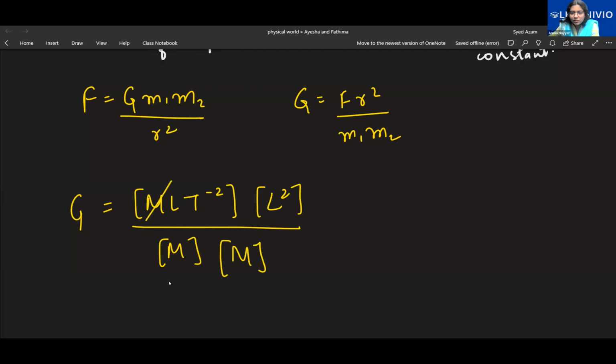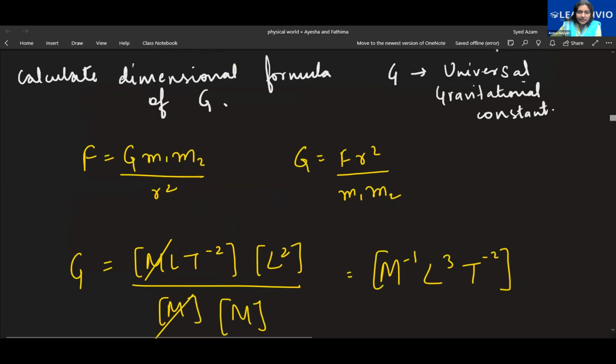One mass will be cancelled. Now when this mass goes up, everything should be in the numerator. So M to the power minus 1, L into L square becomes L cube, T to the power minus 2. Clear? Yes, Fatma? Okay. Just write down this question, please.